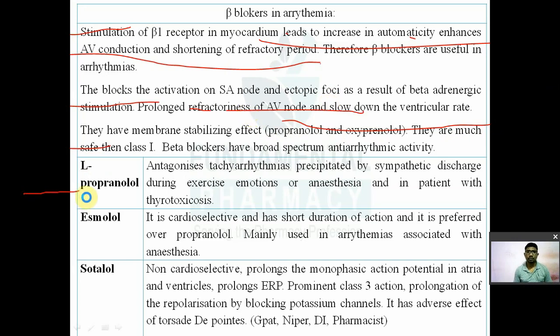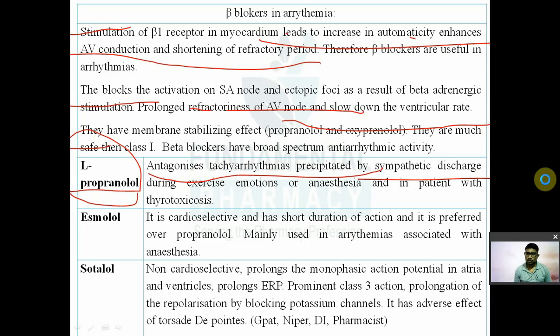Now the individual drug, L-propranolol. The L isomer is active. It antagonizes the tachyarrhythmia produced by sympathetic discharge because of the increased sympathetic outflow. So whatever tachyarrhythmia, increased heart rate, is produced, it is blocked by L-propranolol.